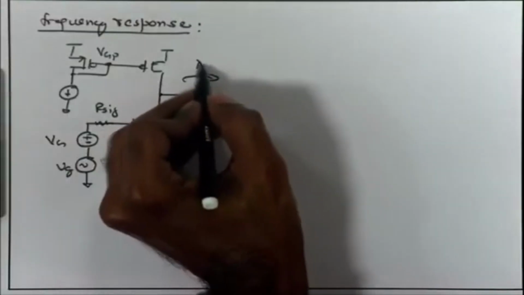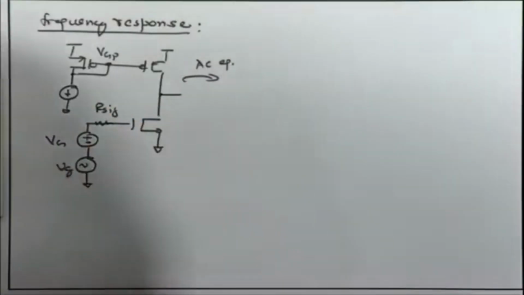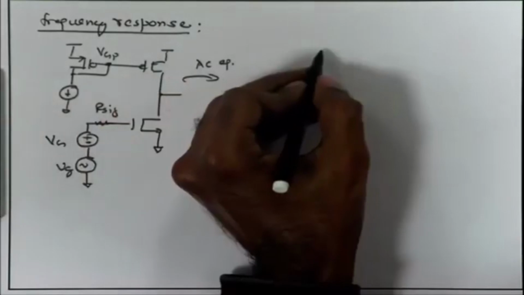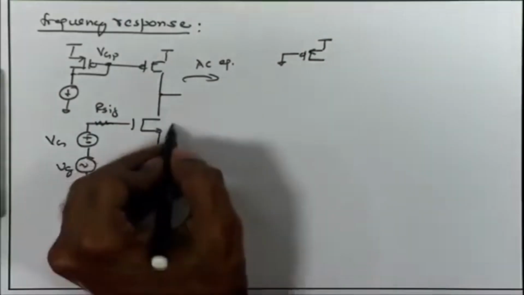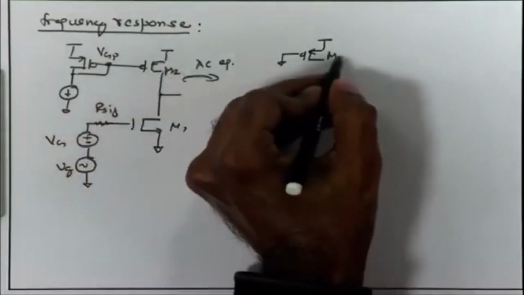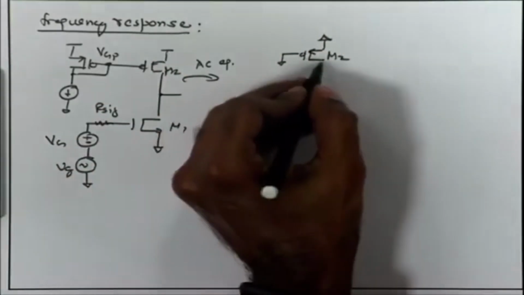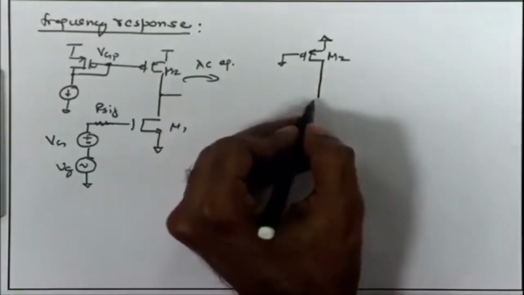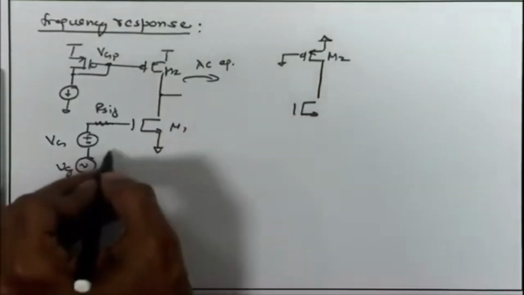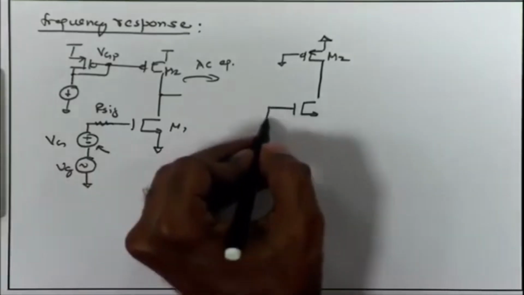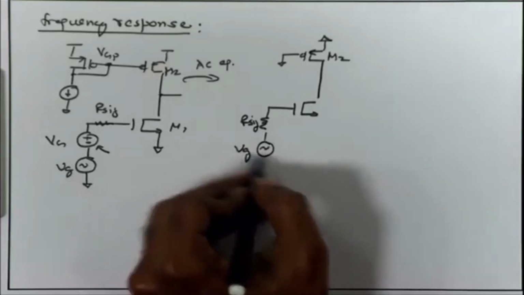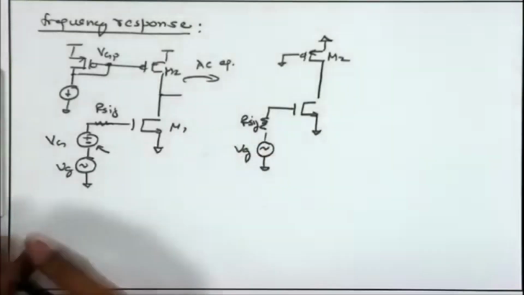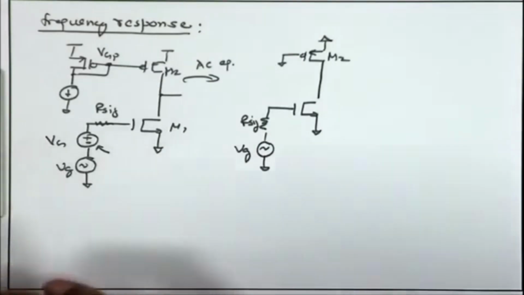So, from the AC point of view, if I want to draw the AC equivalent circuit, the VGP is at AC ground, the source of M1, M2 is also at AC ground because it is connected to VDD. I am setting the capital VG to 0 for AC analysis. So, you have R signal and you have VG, the source is AC ground. This is the AC equivalent circuit at low frequency.